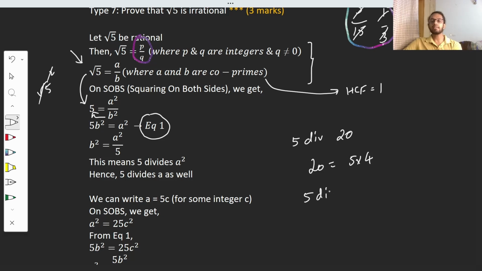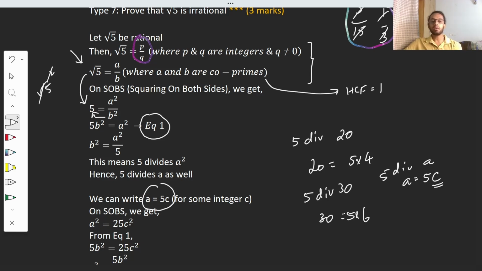We know 5 divides 30, then we can write 30 equals 5 times 6. Likewise, here we have 5 divides a, so we can write a equals 5 times some other number, and that variable is what we are assuming as c over here. After this, we again square on both sides.